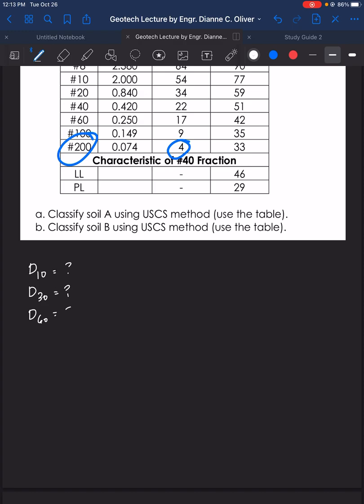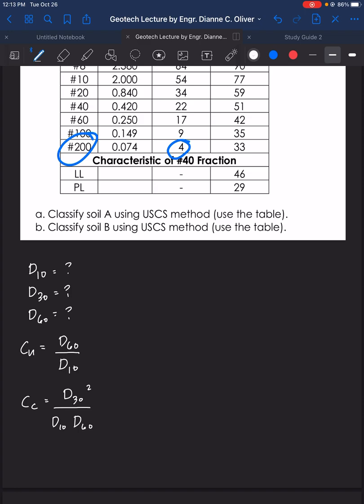So what's the value for this? In order for us to answer the CU equals D60 all over D10, and CC equals D30 squared all over D10 times D60.